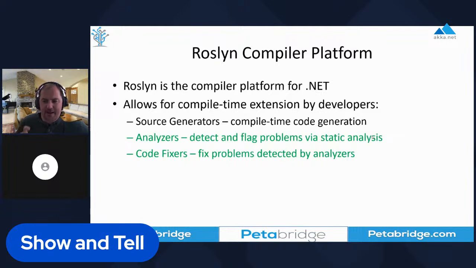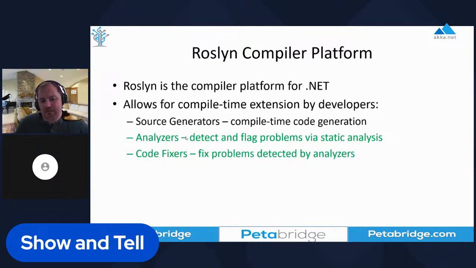Analyzers basically allow you to tap into Roslyn's solution analysis platform and flag additional compiler warnings or errors that aren't raised by the normal default C# rule set. On top of that, you can also provide what's called a code fix via Roslyn, which is a suggestion on how to go about fixing a problem one of your analyzers might have detected.